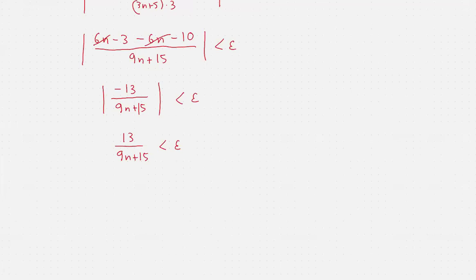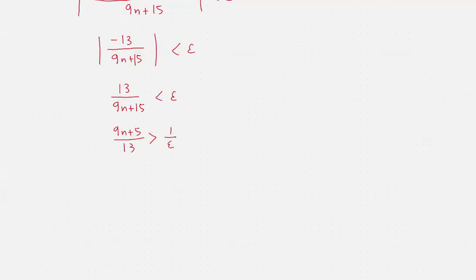When you do that for positive fractions, then the direction of the inequality gets reversed. And now we multiply both sides by 13, and this gives us 9n + 15 is greater than 13 over epsilon. Now we subtract 15 from both sides, and eventually we multiply both sides by 1/9. And we have completely isolated n.